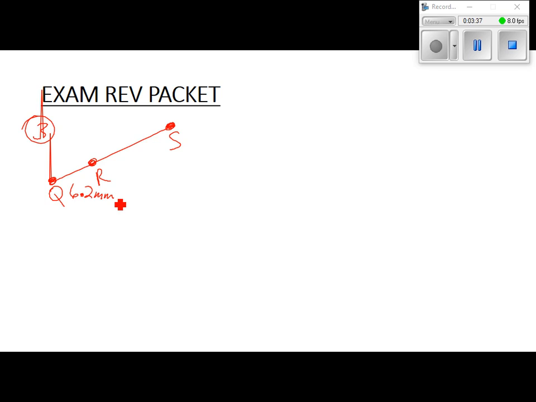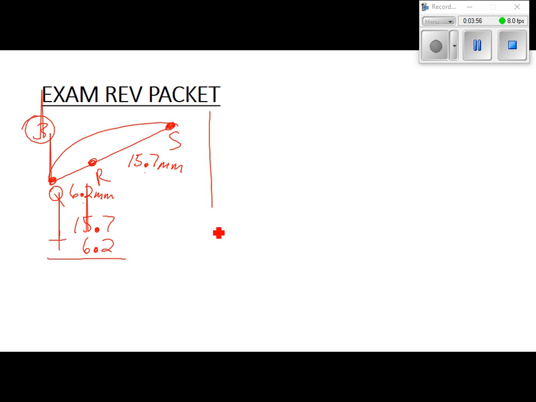And this is 15.7 millimeters. And we want the measure of the whole thing. So all we're going to do is take these two and add them together. So 15.7 plus 6.2. Add those two together, and that'll give you your answer.